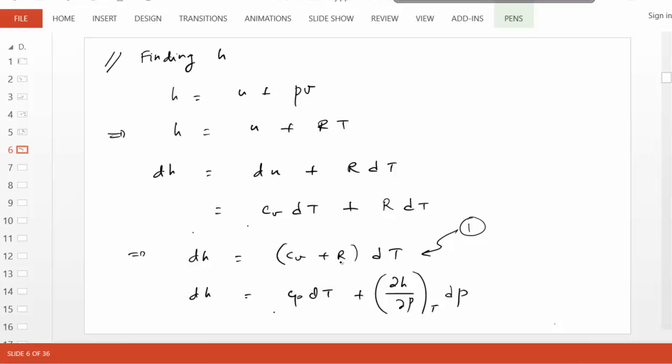R is a constant, and this is also temperature, so H must be a function of temperature alone. In this partial we are holding temperature constant, therefore any derivative of H will be 0 because enthalpy is now a constant. So this term goes away. So equation number 2 tells us that dH is Cp dT, and equation number 1 tells us dH is CV plus R times dT. So therefore, this must be equal to Cp.